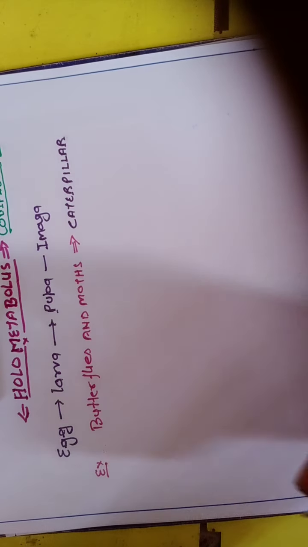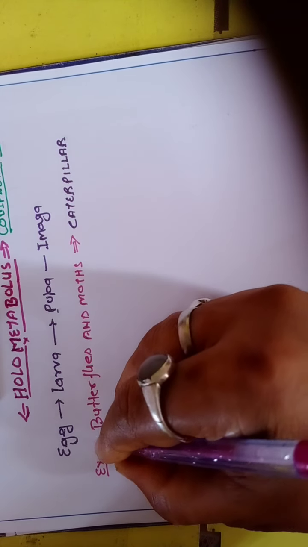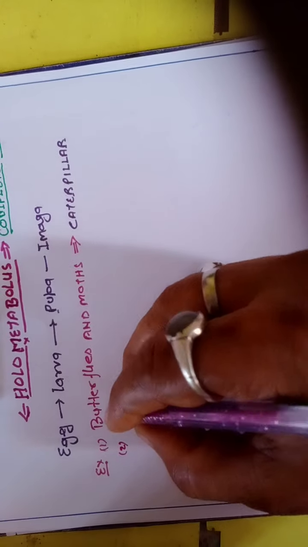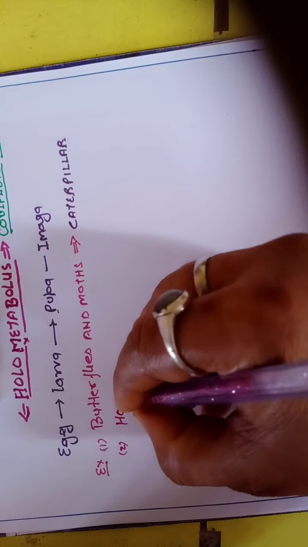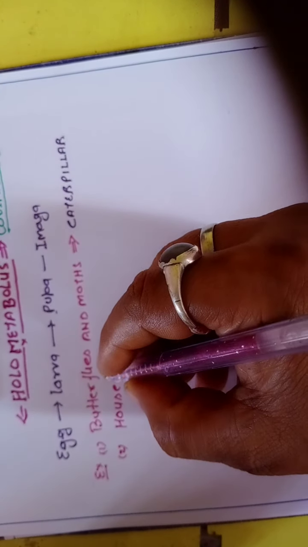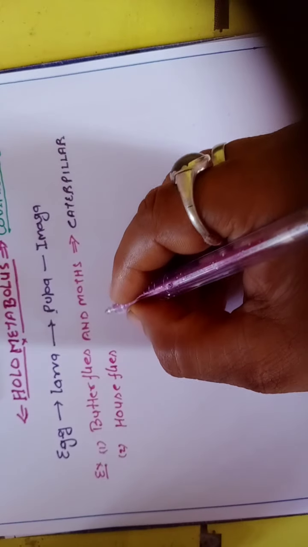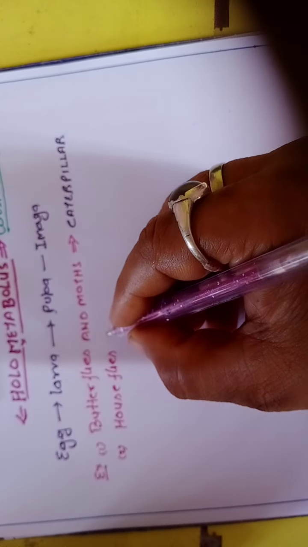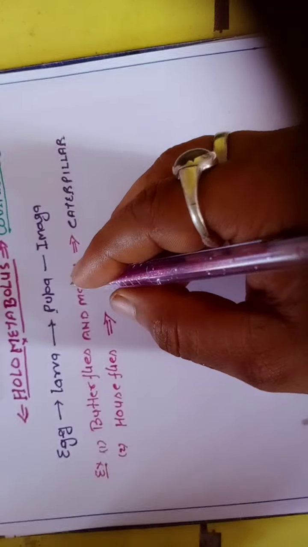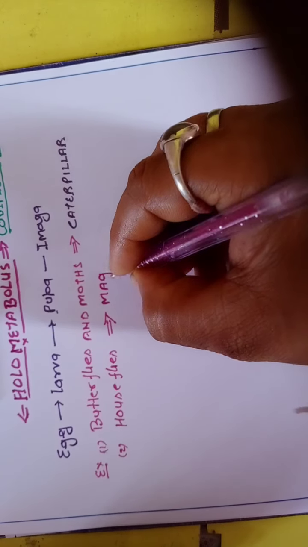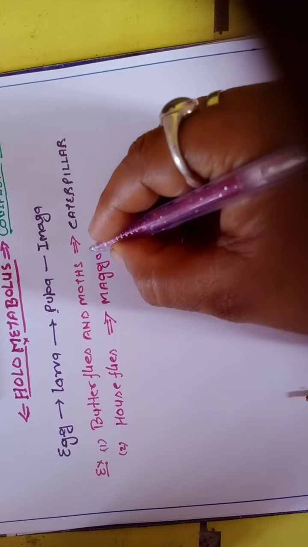So the first example is this. Second example I am writing: housefly. In houseflies, which larva is present here? The larval form is known as maggot. What is the name of the larva?